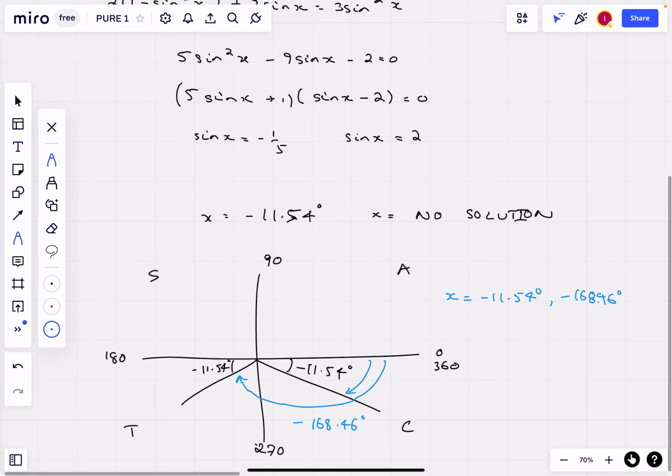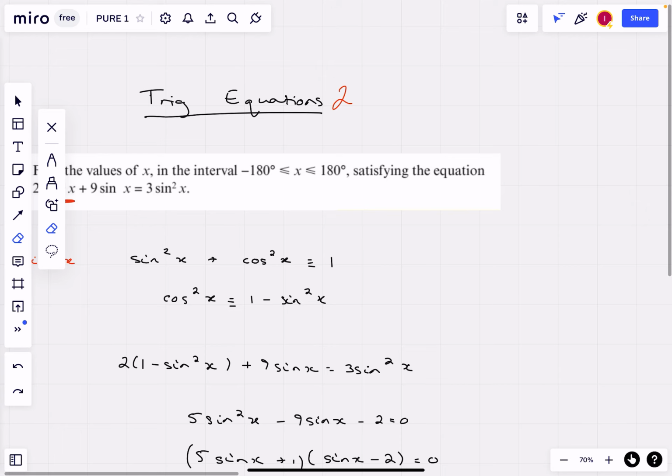If we go in the positive direction, we would start from 0 and make our way round. But in this case, that doesn't work, reason being that our limit is positive 180.